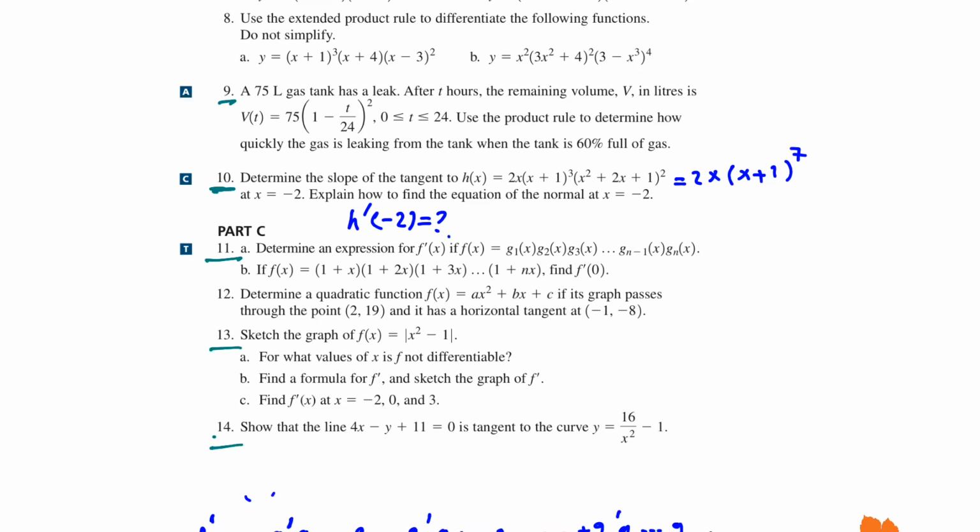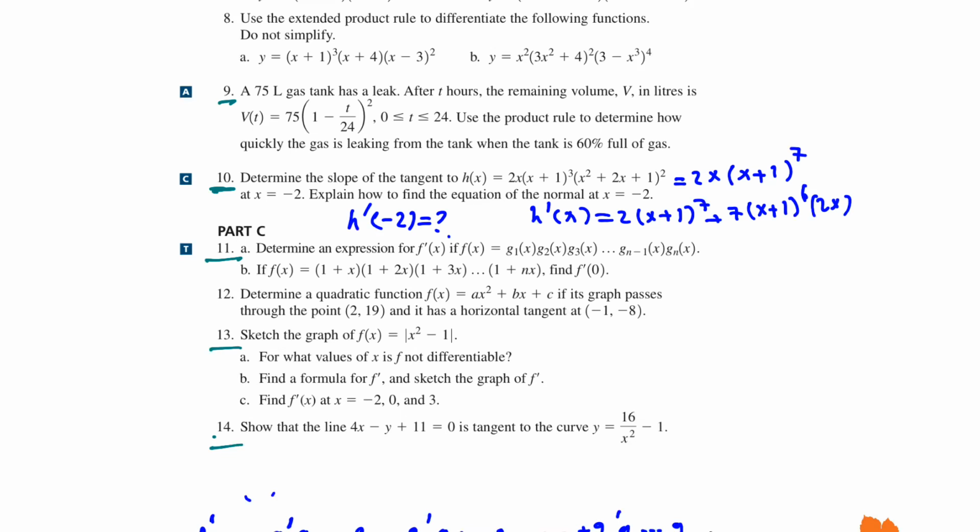Notice that x^2 plus 2x plus 1 is x plus 1 to the power of 2. The derivative of h of x is 2 times x plus 1 to the power of 7 plus 7 times x plus 1 to the power of 6 times 2x.